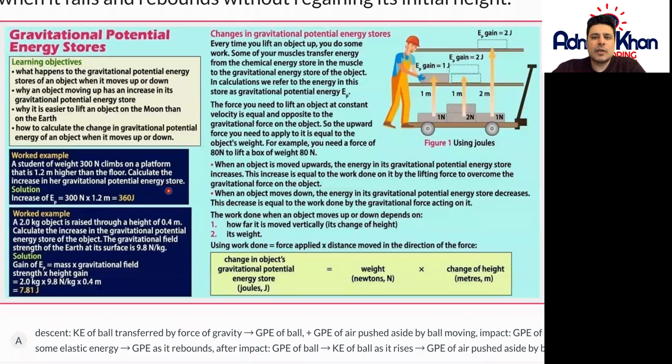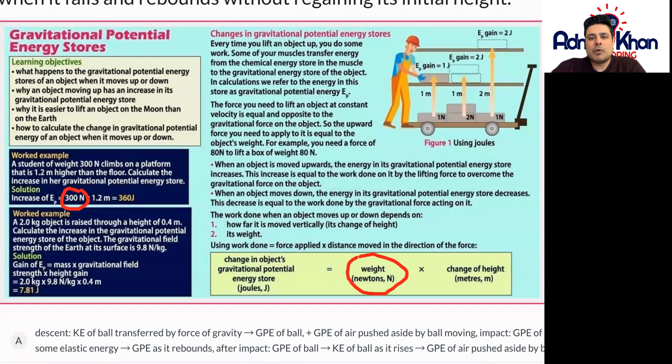A student of weight 300 newtons climbs on a platform that is 1.2 meters higher than the actual floor. Calculate the increase in her gravitational potential energy. Now we're going to use, let's show you here, the weight in this case is 300 newtons, which is here in our formula.